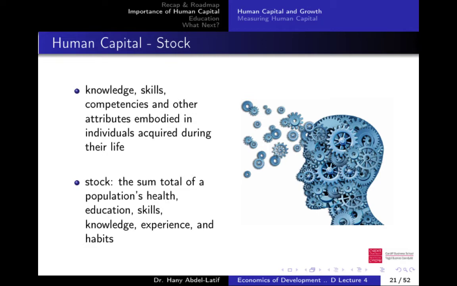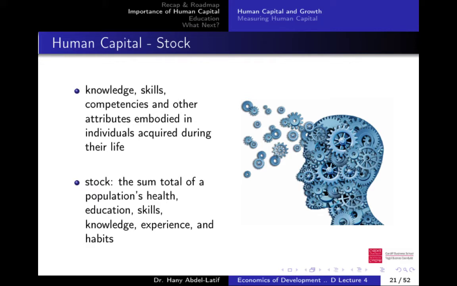Why? Because these determine the quality of the labor input. So if you think about this, of course, you need healthy workers, educated workers, skilled workers, knowledge, experience, and also habits.